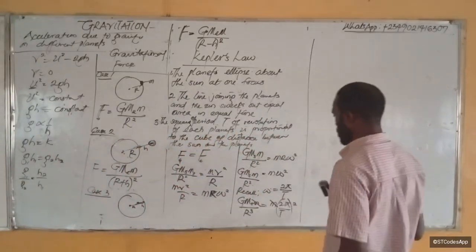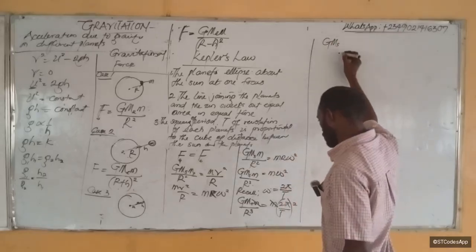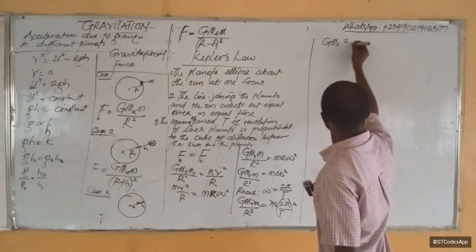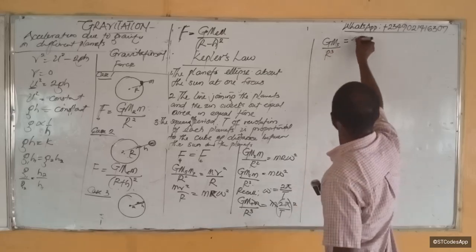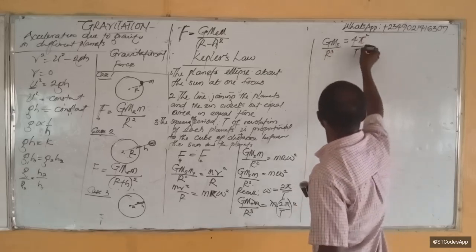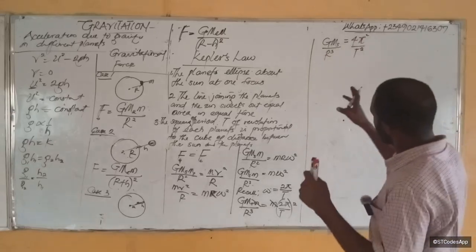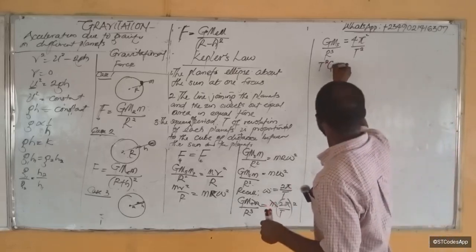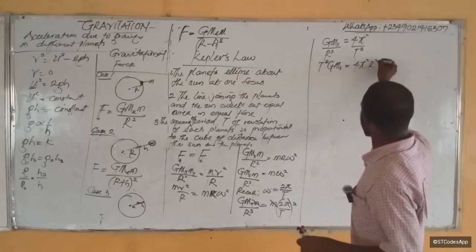From there, I can therefore have that G mass of sun over r cubed will be equal to the square of this, 4 pi squared over T squared. So from what I have here, you can already see that T squared G Ms is equal to 4 pi squared r cubed.